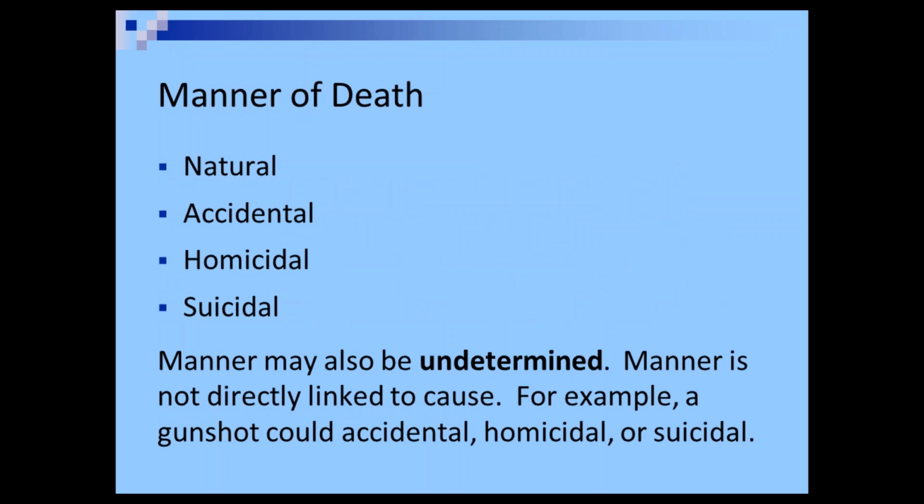I'm having lousy Q&As this lecture, but can anybody tell me as I go through this slide, when do you guys think manner of death would be important? Cause of death is important because it can change the charge from manslaughter to homicide, but does anybody want to give me an idea in the chat box of when manner of death would be important?